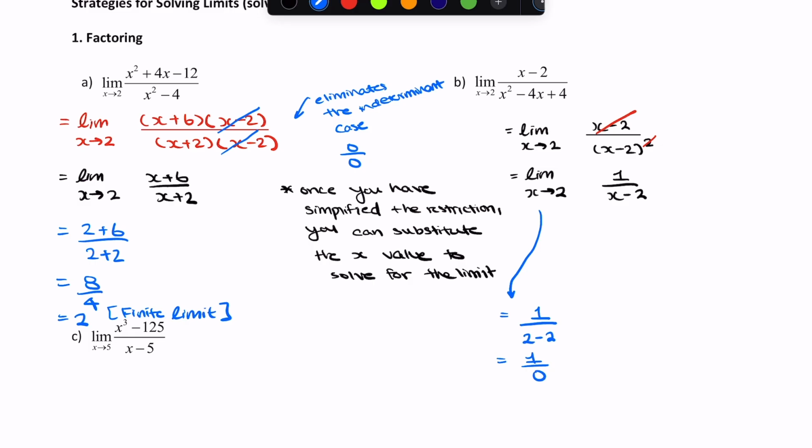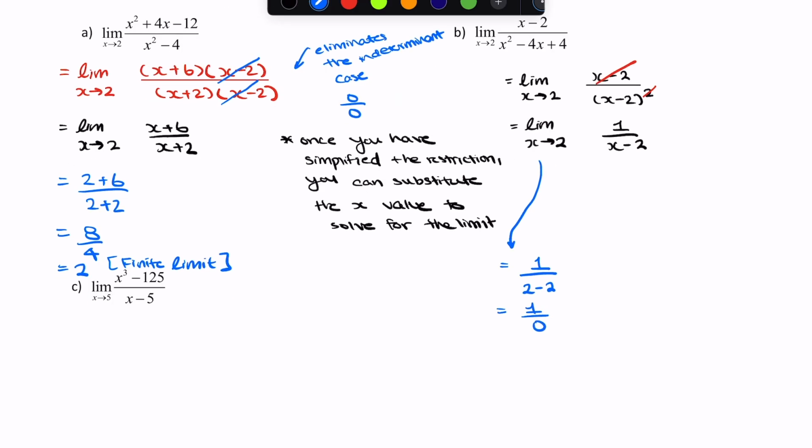So if we go from the left-hand side or the right-hand side, there are two ways to write something that is close to 0. If we write a number that is really, really small and gets really, really close to 0, so 0.0000001, that would be as close as it gets, and it goes to positive infinity.